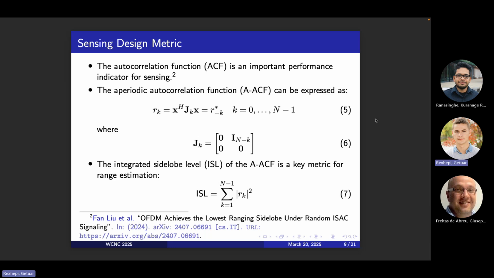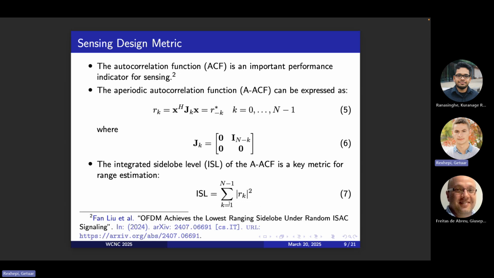The aperiodic autocorrelation function can be expressed as equation 5, nicely in matrix form. On the other hand, the integrated side lobe level of this autocorrelation is also another key metric for range estimation in radar systems, which is expressed as equation 7.